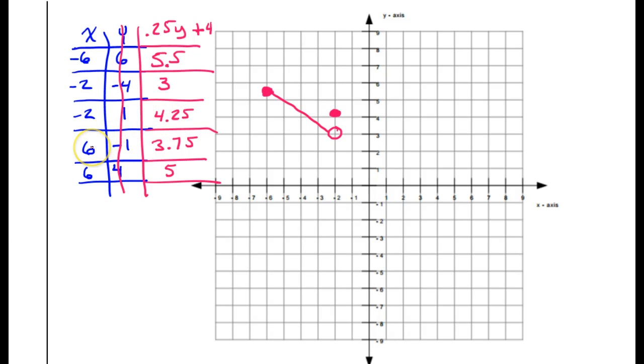Okay, so that's going to be 6, 3.75. So 6, 3.75 would be about here. So I'm going to draw that segment. Right, these are far apart, so I've got to be a little extra careful. So there's that segment.